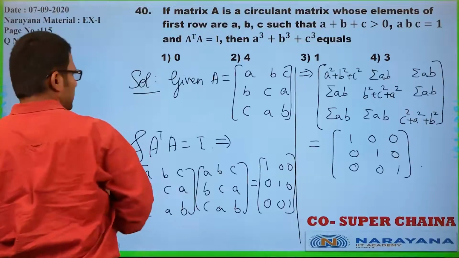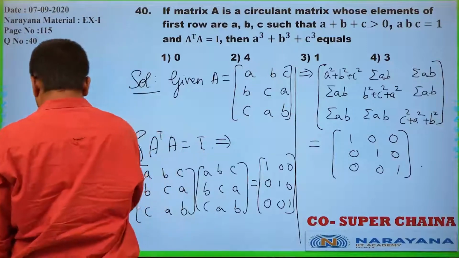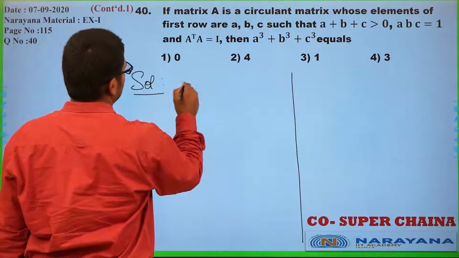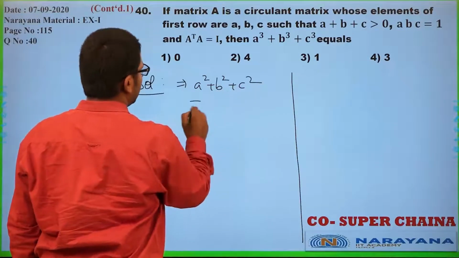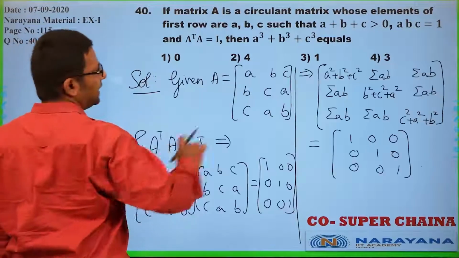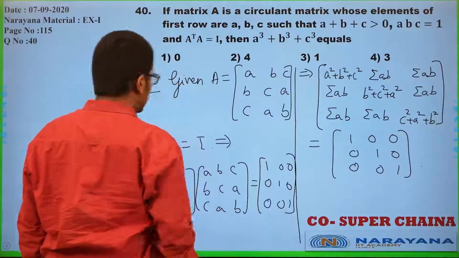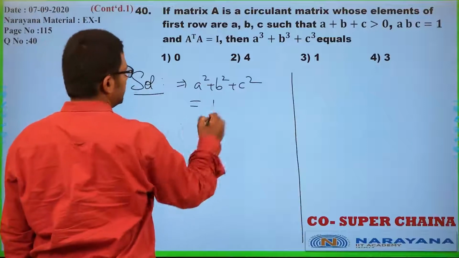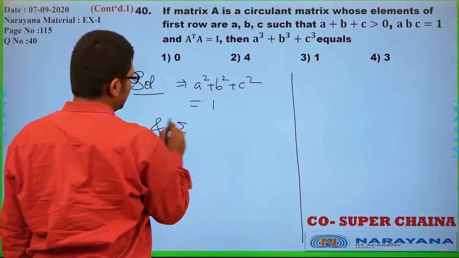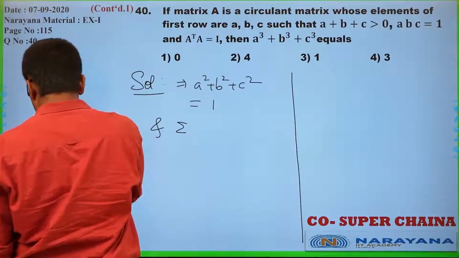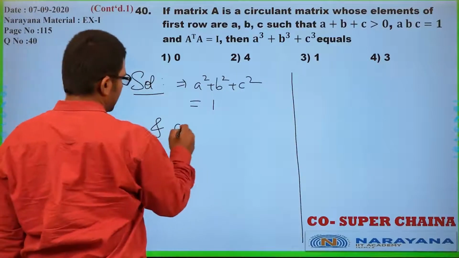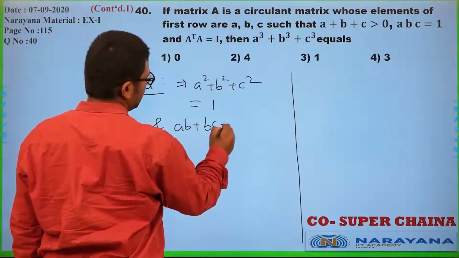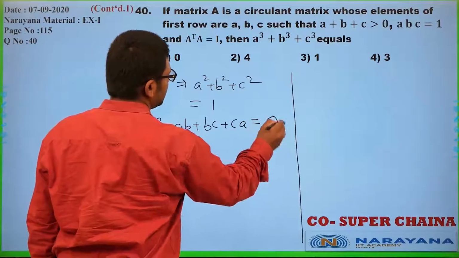So from this we can conclude that a² + b² + c² is what? Equating, all the diagonal elements are 1, so this is 1. And summation ab, which is basically ab + bc + ca, is 0.